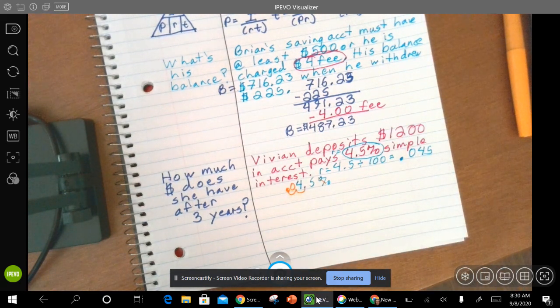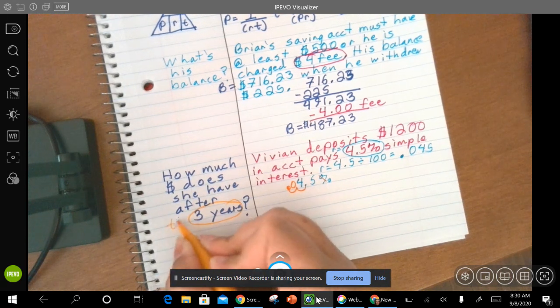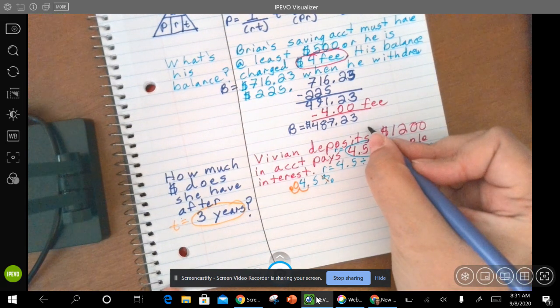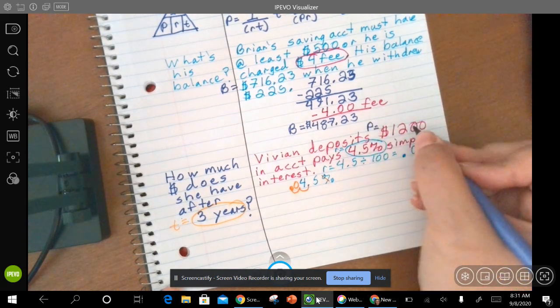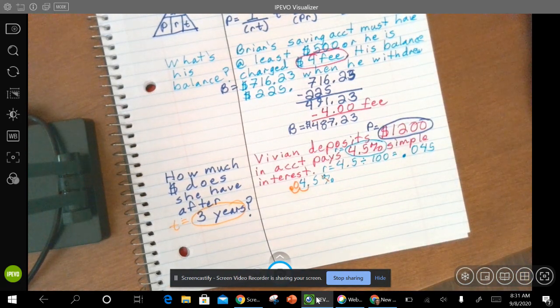We need to know our time, which is 3 years. Her principal is 1,200, and the balance is what we're solving for.